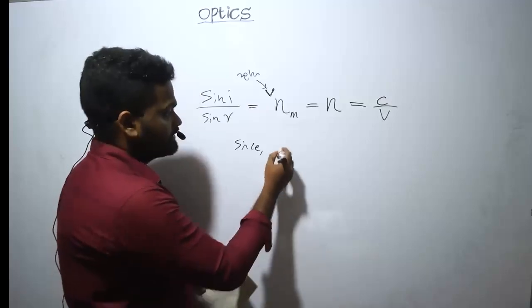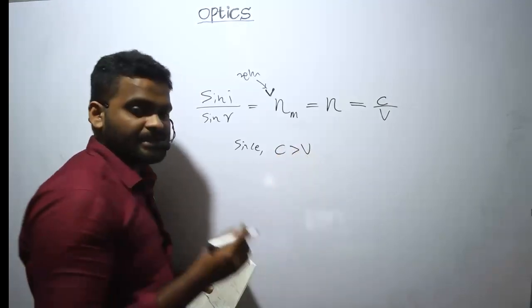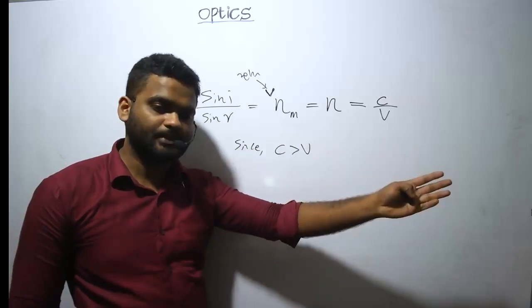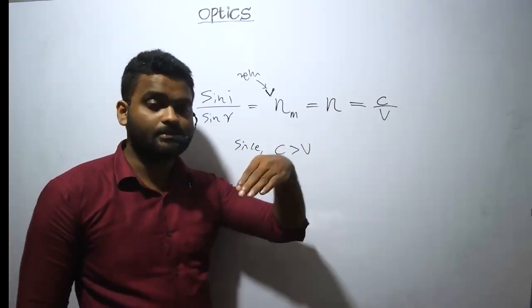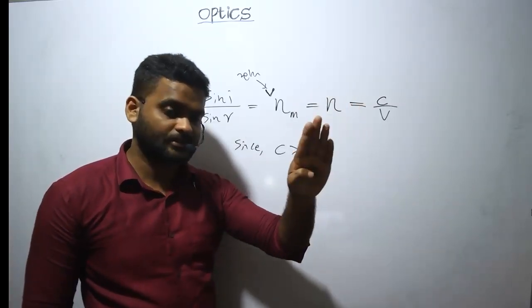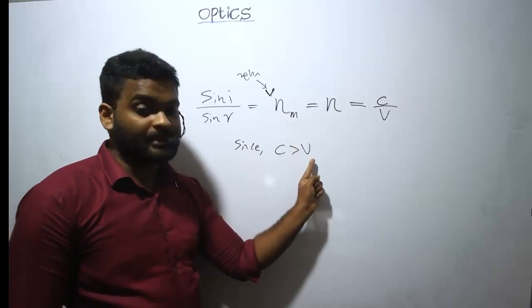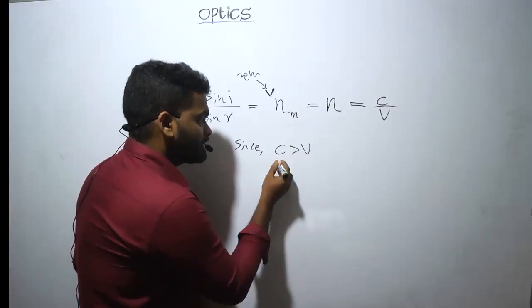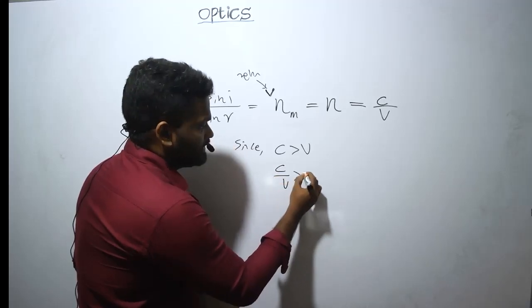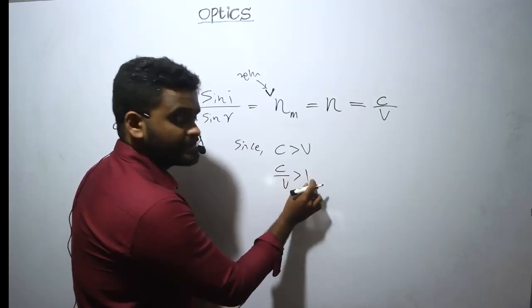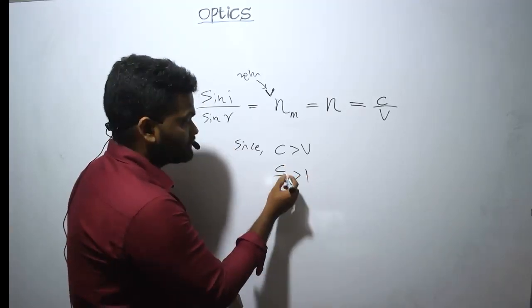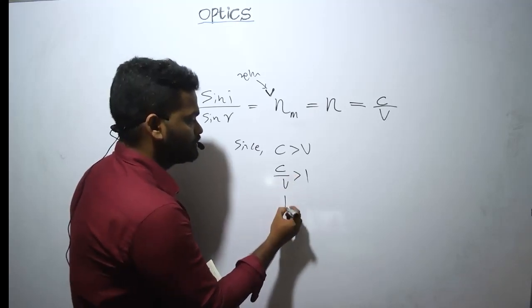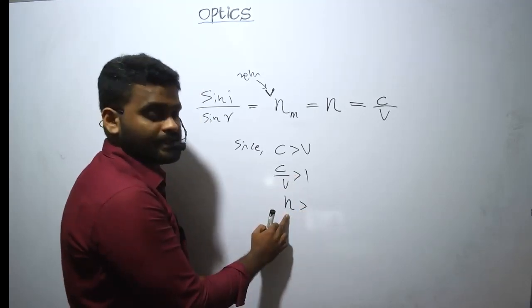So that is the highest speed. Light speed in a vacuum is larger compared to any other speeds, it is 3 times 10 to the power 8. Any speed is less than that. So we can cross multiply this and we can say C divided by V is larger than 1. C divided by V is equal to absolute refractive index.